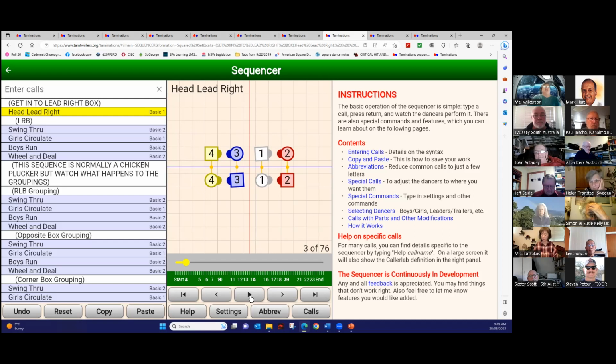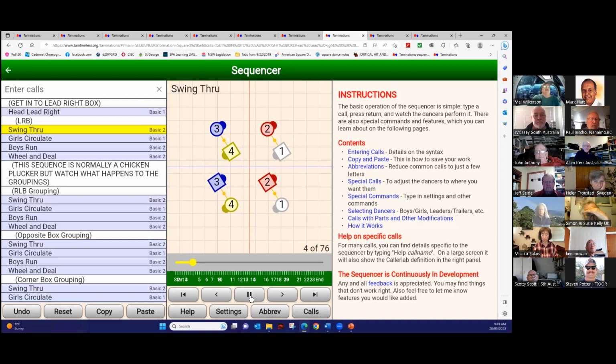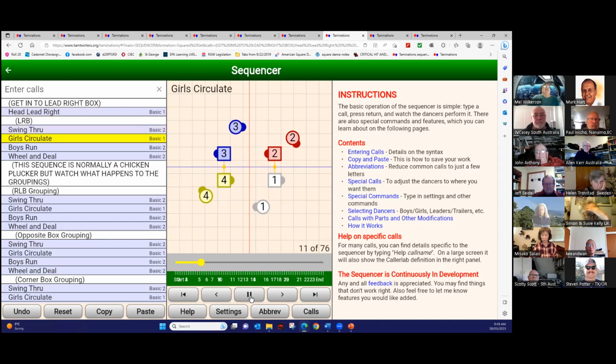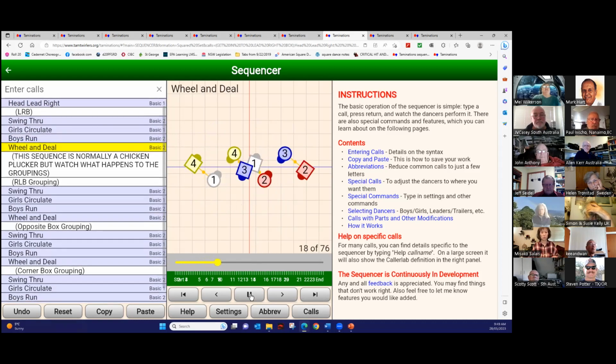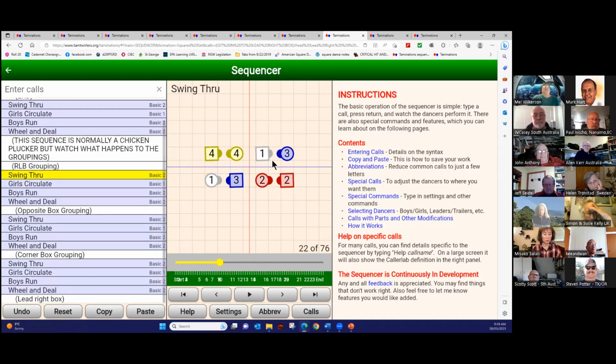But if I use that same module, swing through, circulate, I should rotate right. Where's my wheel and deal? Sorry, that would be my chicken plucker grouping, I should say. It should be a right across, but it's not.